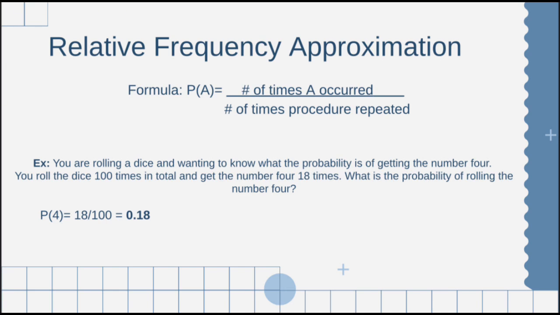You roll the dice 100 times, and in these 100 times, you get the number 4 18 times. So finding the probability of getting the number 4 when rolling the dice would be found by putting the amount of times you got 4, which would be 18 times, over the amount of times you rolled the dice, 100 times, and this would equal 0.18.